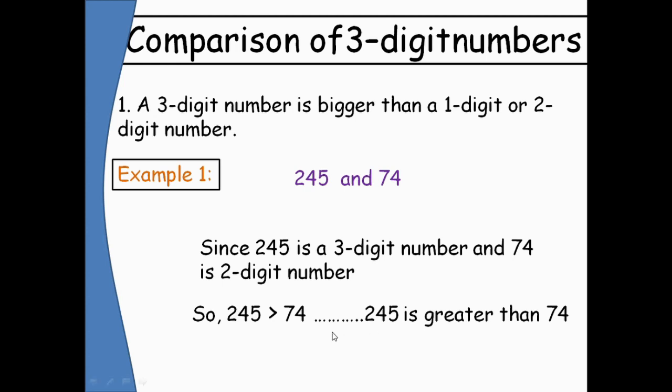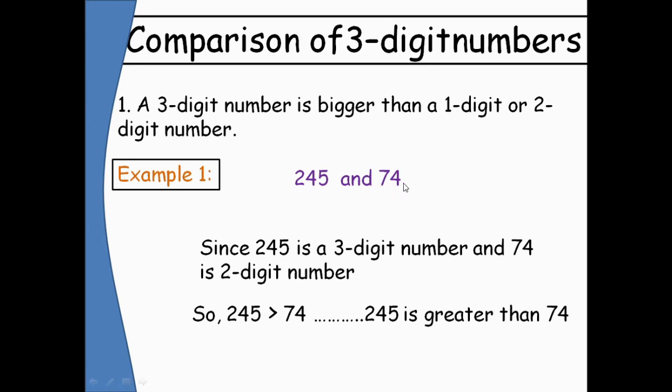Let us take an example. We have taken two numbers, 245 and 74. Since 245 is a 3-digit number and 74 is a 2-digit number, so 245 is greater than 74.